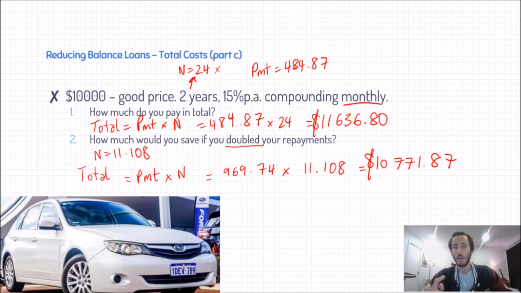Alright, I haven't told you the whole truth though, because maybe you recall from previous lessons that when we've got an N that's not a whole number, this 0.108 here doesn't actually happen. This gets paid at the 12th payment.